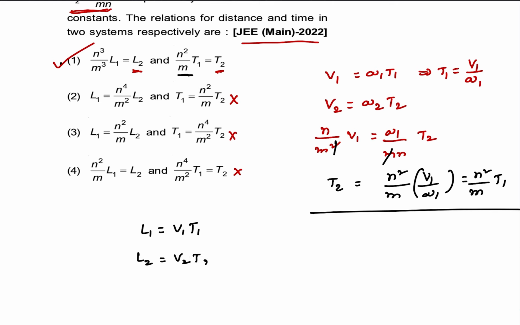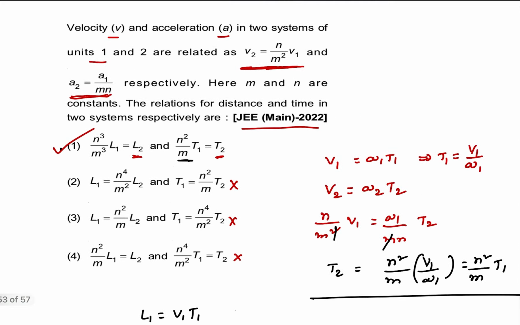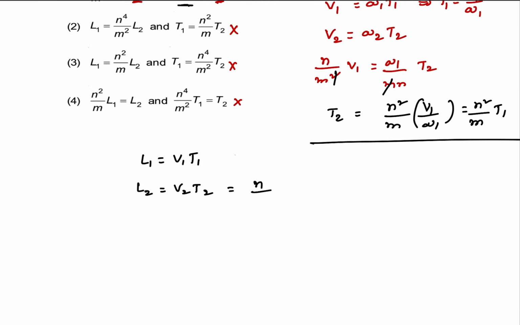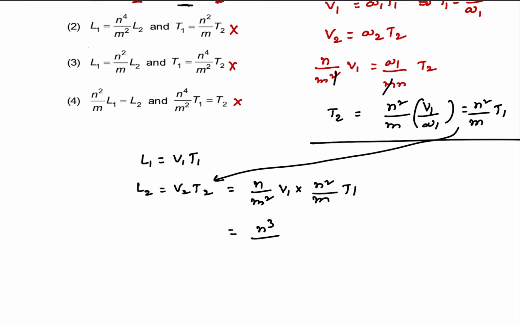What is the length? L1 is equal to velocity into time taken. L2 can be written as velocity into time taken, T2. Whatever the T1 value is, we can substitute the T2 values there. Length L2 can be written as V2 into T2. We already know the V2 value, n by m square V1, and the T2 value, n square by m into T1.